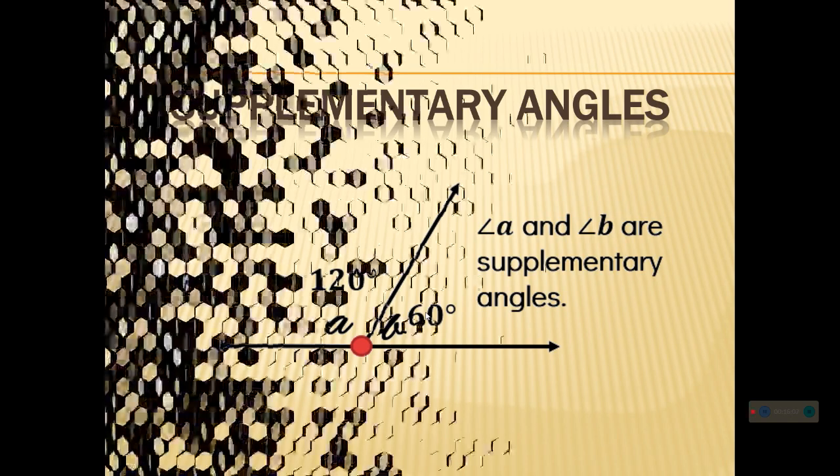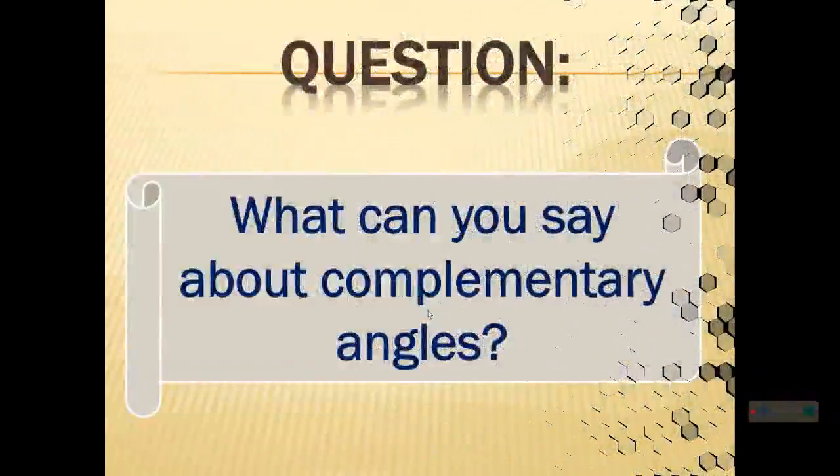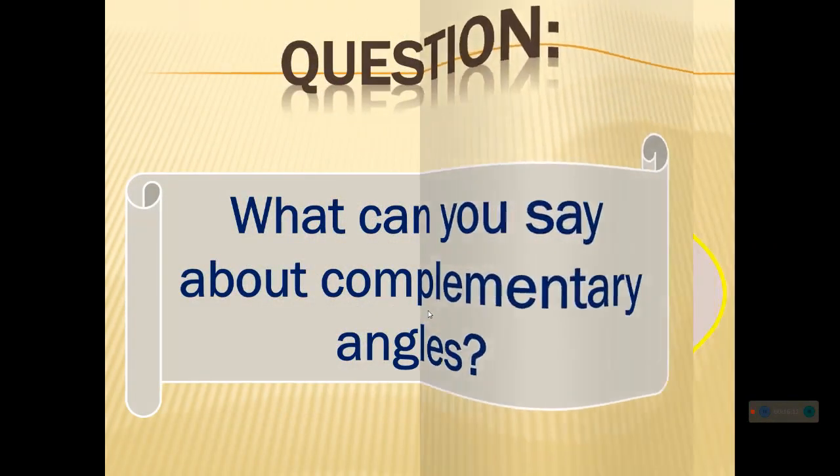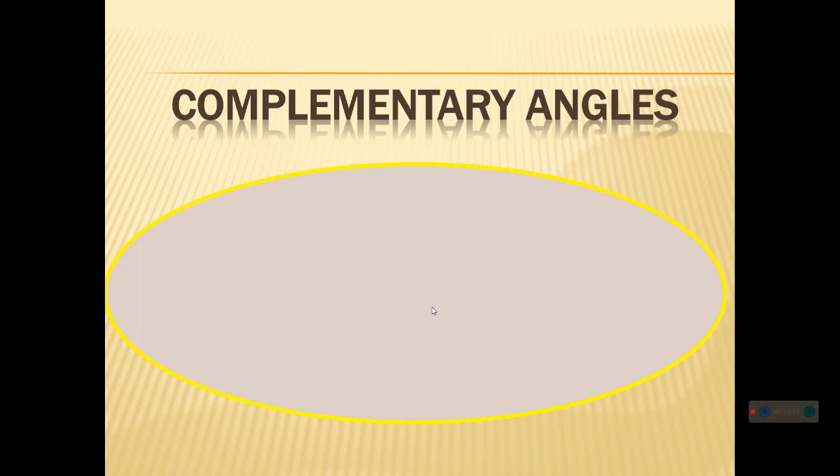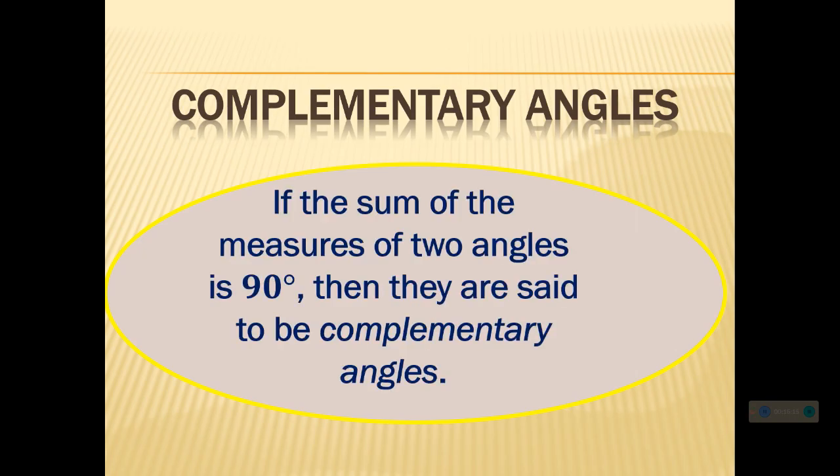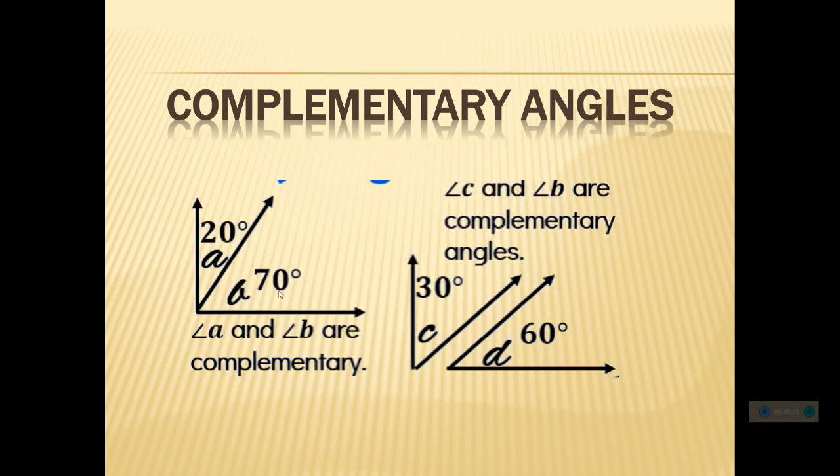The next defined term is complementary angles, angles whose sum is 90 degrees. If the sum of the measures of two angles is 90 degrees, then they are said to be complementary angles. We have two examples here.